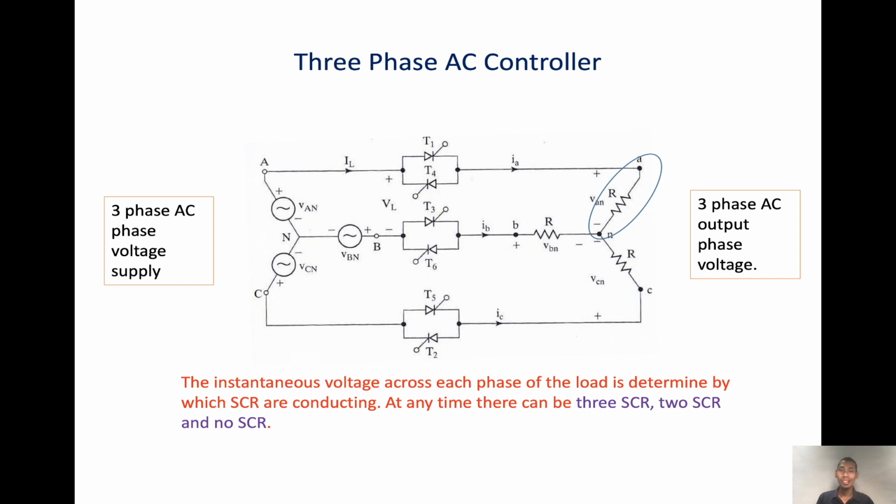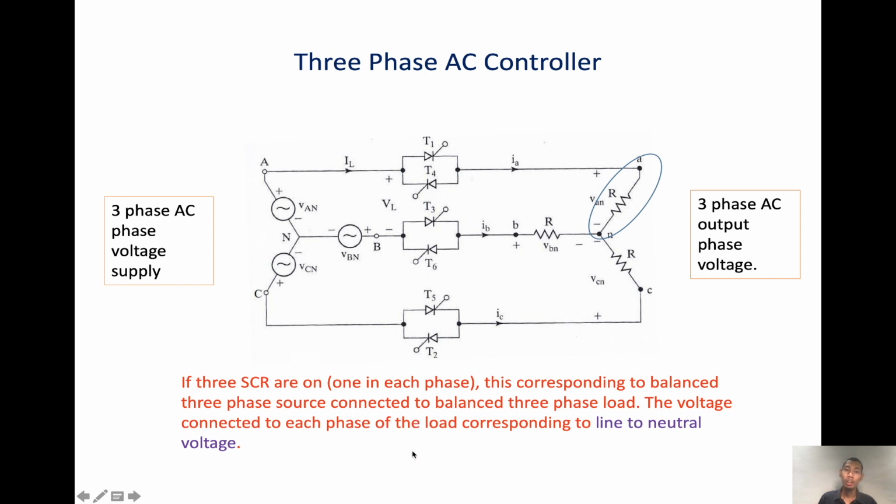As I mentioned earlier, to see the output voltage in the VAN phase, we determine it by how many thyristors are conducting at that instantaneous time. At any time, there can be 3 thyristors, 2 thyristors, or no thyristor at all.